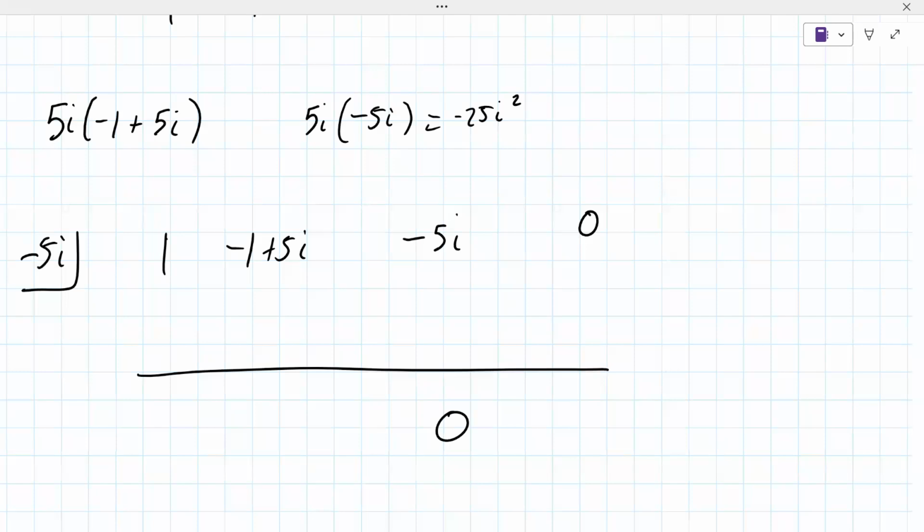Does it go 1 and then does it go -1? You're multiplying the 1 by the minus 5i. So then, yes, to answer your question, it becomes -1 there at the bottom. Good.